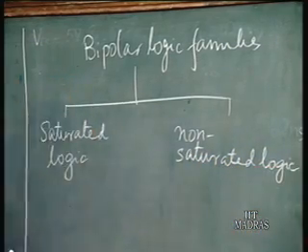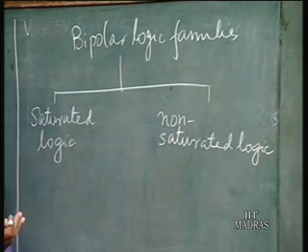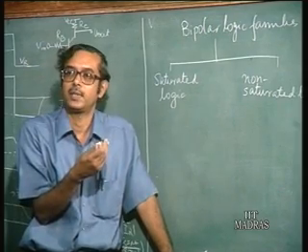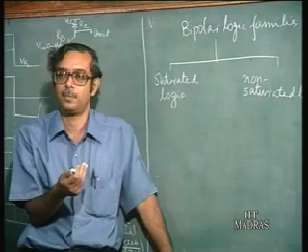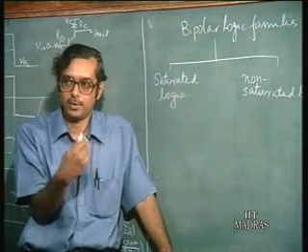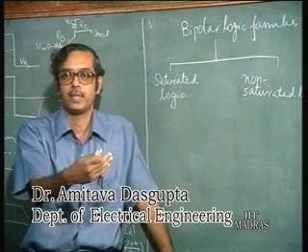In saturated logic, the transistors are switched between the cutoff and the saturation region. In non-saturated logic, the transistors do not go to saturation. They are generally higher speed circuits, and the transistors go from cutoff to the edge of saturation.